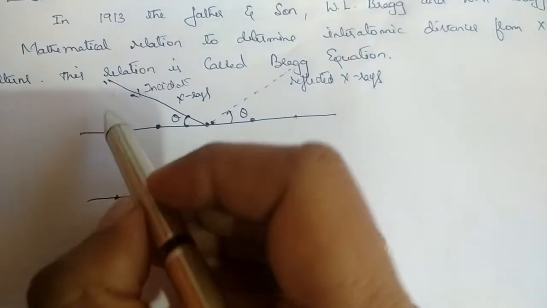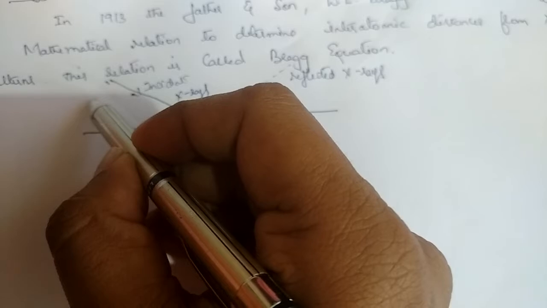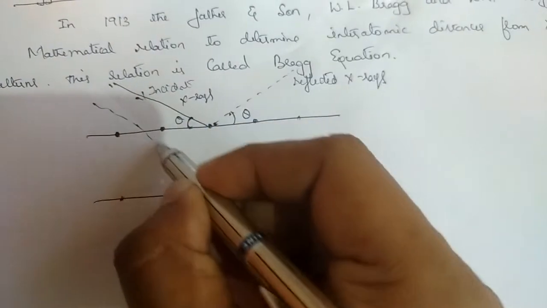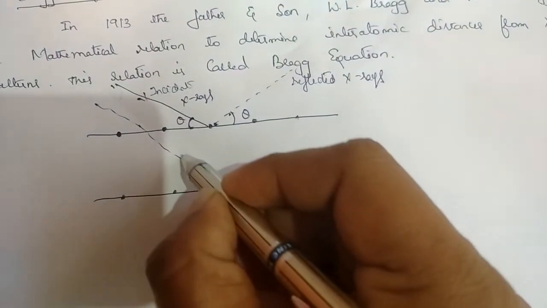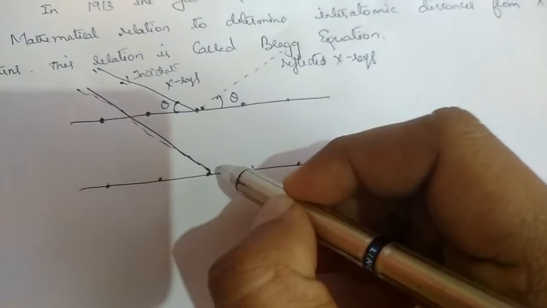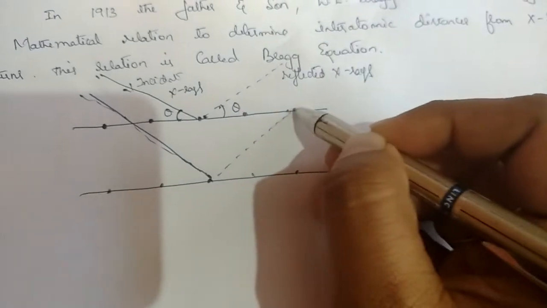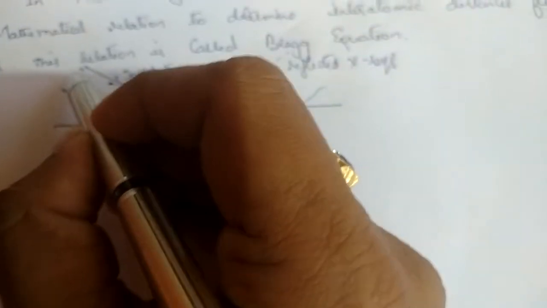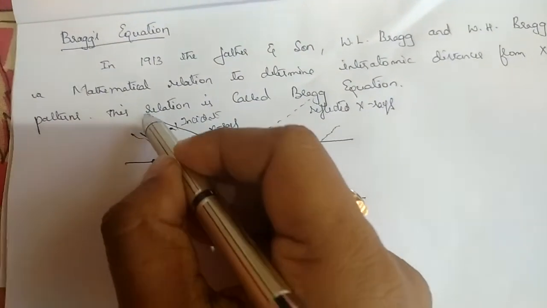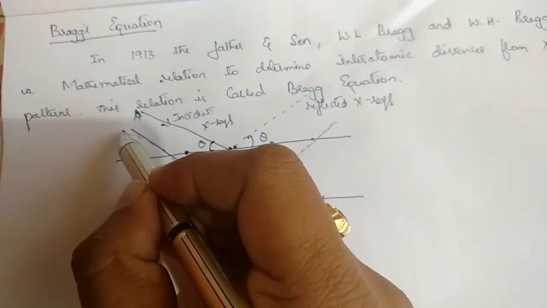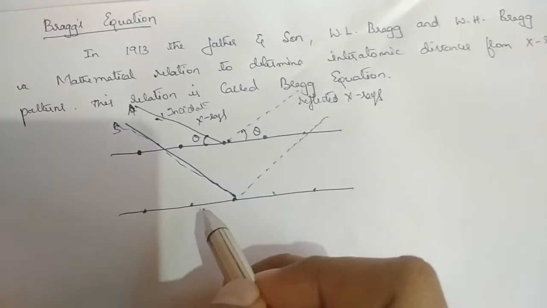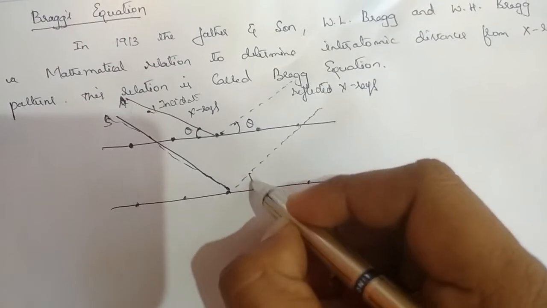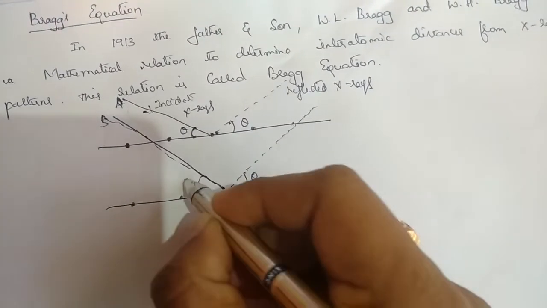In the same way, another incident X-ray will be incident on this crystal lattice on the second plane, and it is reflected again at the angle theta. I will take it as point A, and I will take it as point B, the A ray and the B ray.